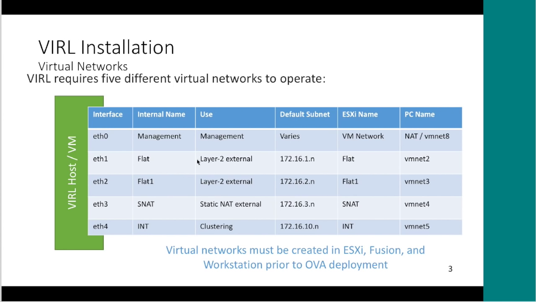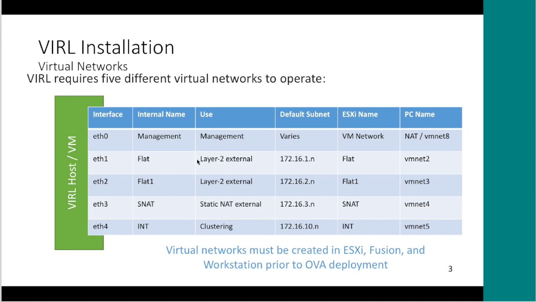Even though this presentation is going to focus around ESX server, just note that we can still create the same type of connectivity when you run VIRL on a Mac or PC using Workstation or VMware Fusion. In ESX, we create port groups named flat and flat 1. In the PC side of things, you'll have a VMnet, VMnet 2, and VMnet 3.